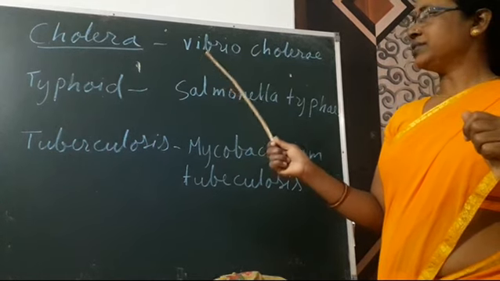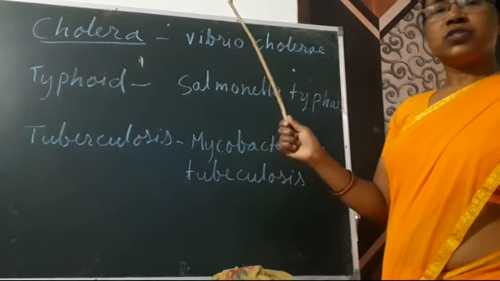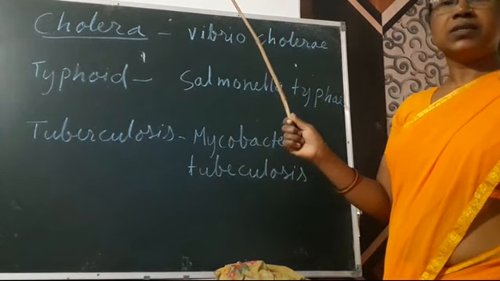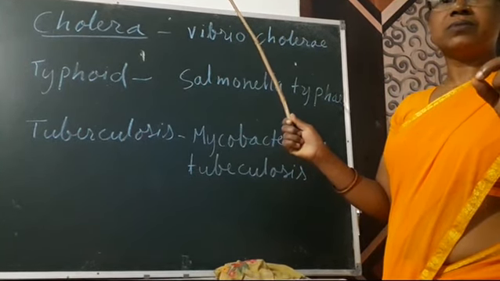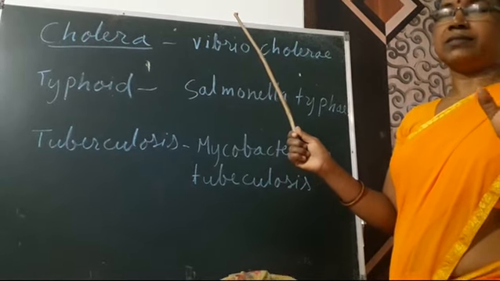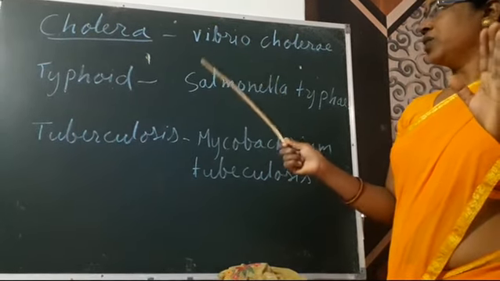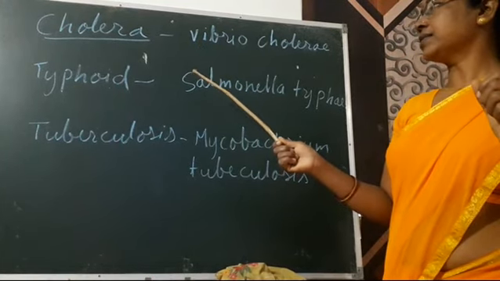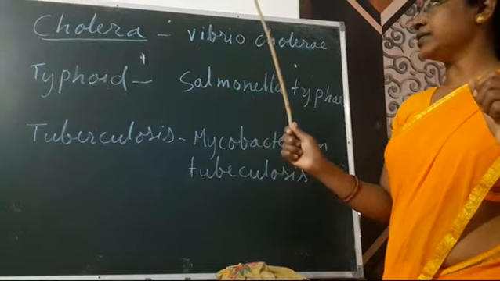So prevention is to eat good, covered food; cut fruits which are uncovered should not be eaten. Drink boiled water or filtered water. That is the prevention for this disease.